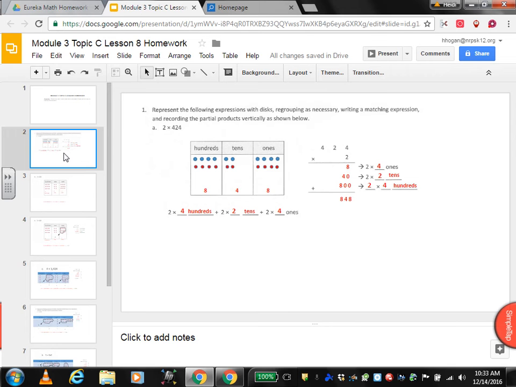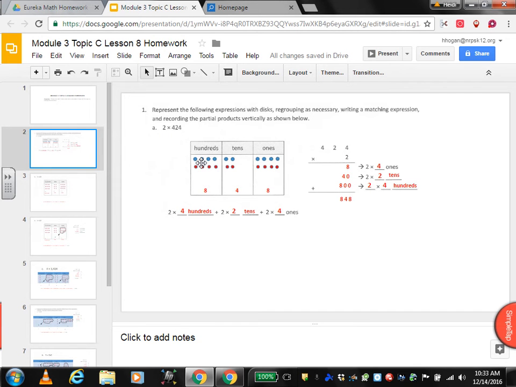Our first problem tells us how we're going to do all the problems. We're going to represent the expression with discs, regrouping where necessary, writing an equation, and then doing the partial products. So this is 424 times 2.